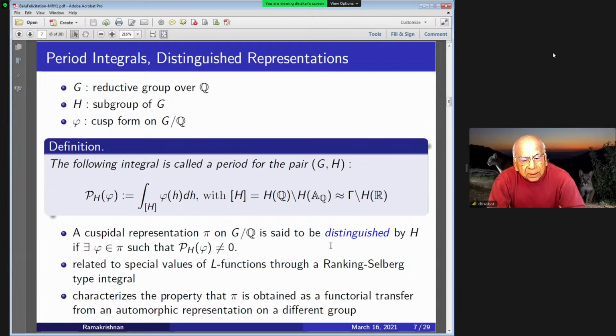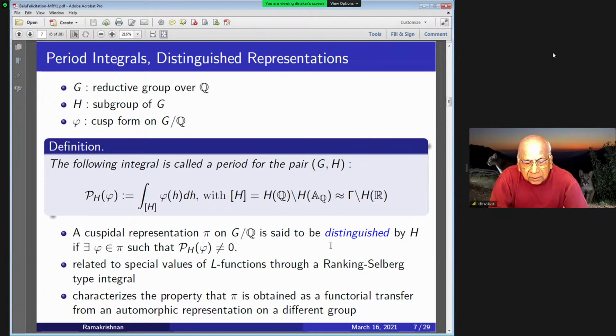Okay, and then a cusp form we say is distinguished relative to H if this period integral is non-zero. Sometimes these period integrals are related to special values of L functions using some Rankin-Selberg type integral.